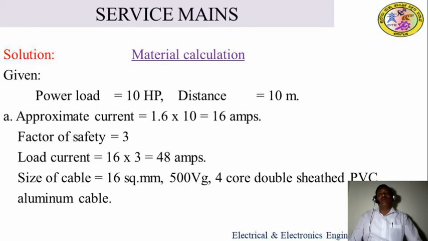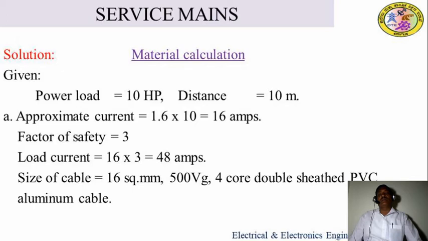That is, for 1 HP the current consumption is 1.6 amps. The selected voltage is 400, the efficiency is 80% and the power factor is 0.8, and as per this, 1 HP gives a current consumption of 1.6 amps.